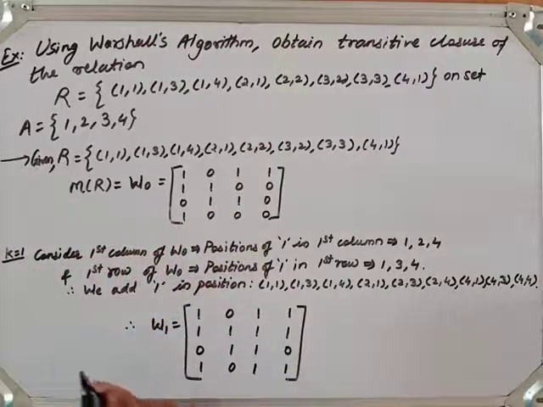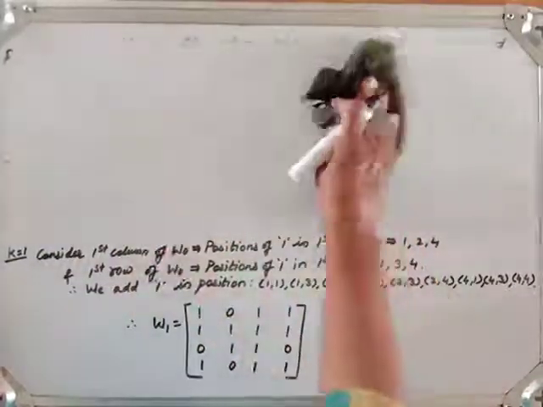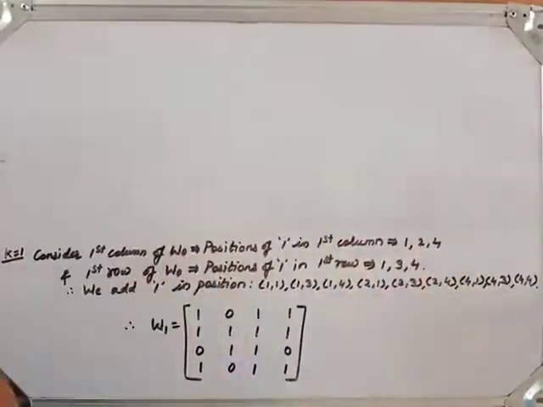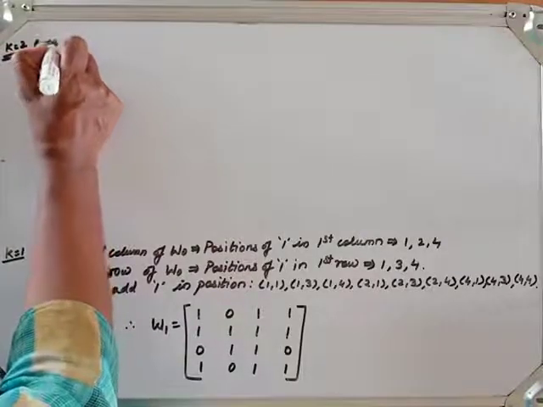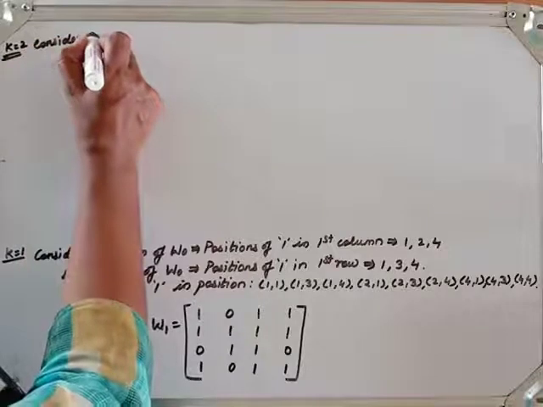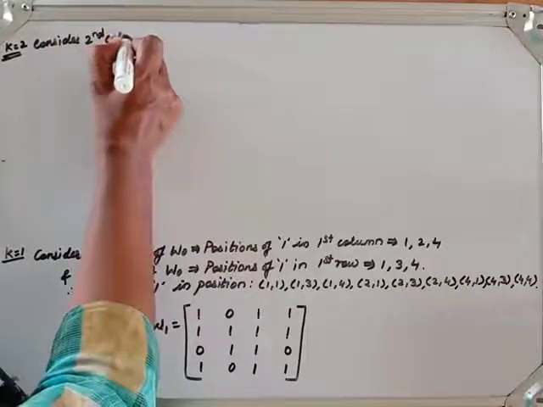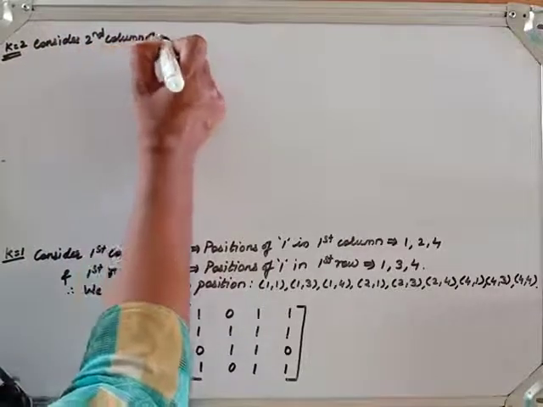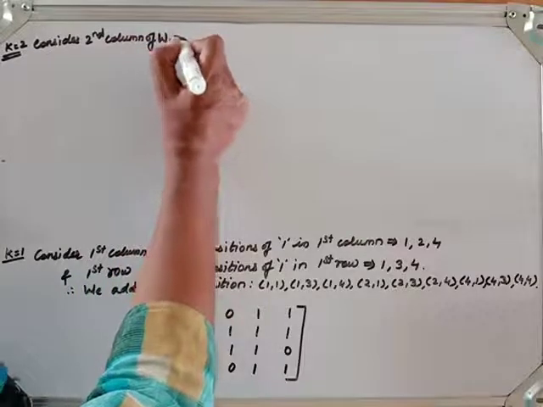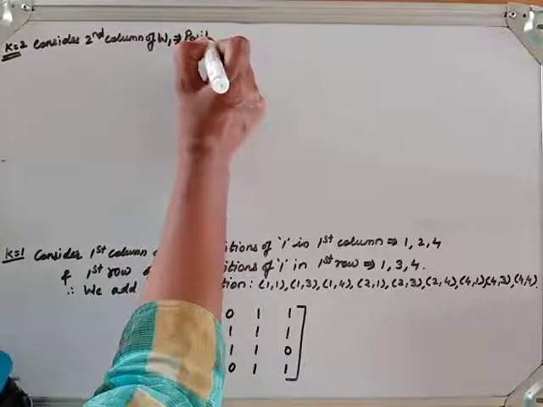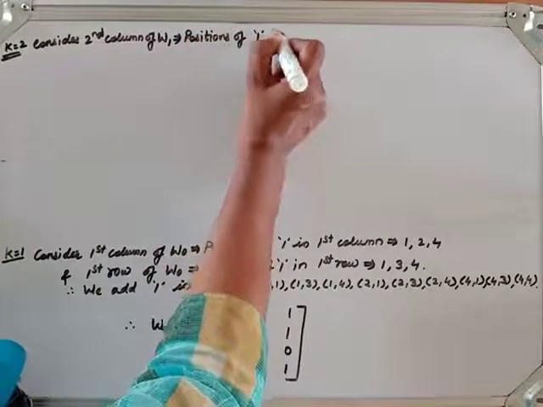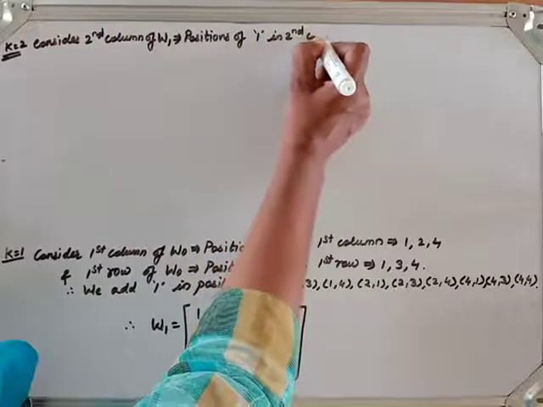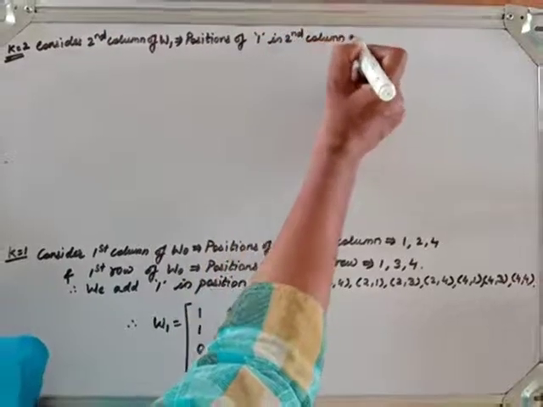This is our W1. Now k is equal to 2. Let k is equal to 2. Consider second column, second column of whom? W1, second column of W1. Therefore positions of 1 in second column are what?